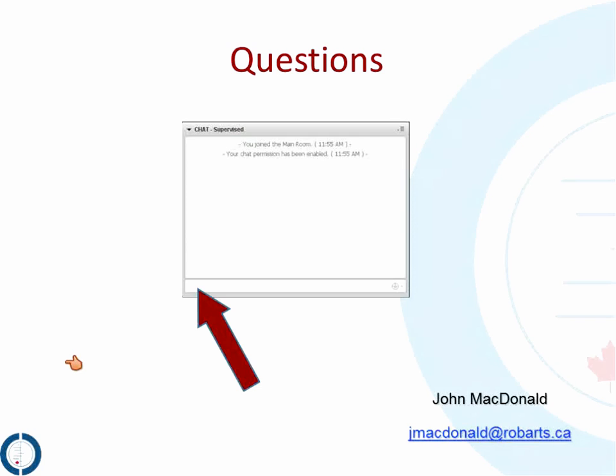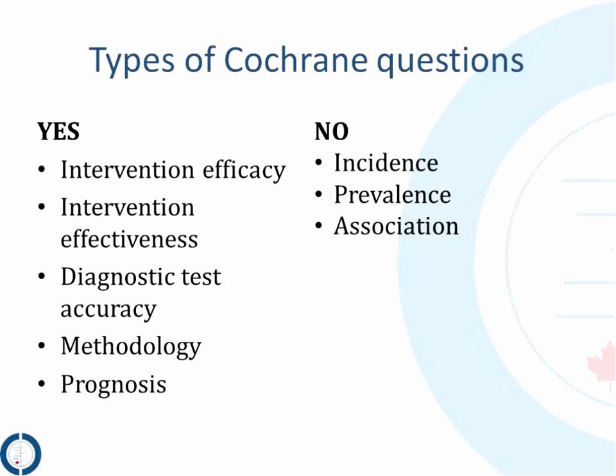So we have another question. Could you please go through the different categories for potential questions again? For example, efficacy versus effectiveness. Okay, so we're going through types of questions for Cochrane reviews. Efficacy questions are generally involved with randomized controlled trials. And that's basically what we do a lot of. Most of our reviews are intervention reviews that look at the efficacy of drugs that are used to treat inflammatory bowel disease.